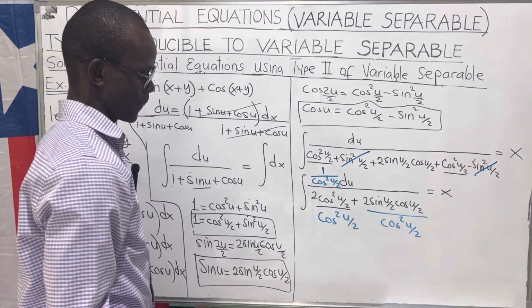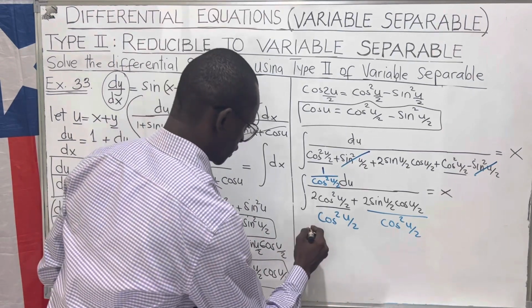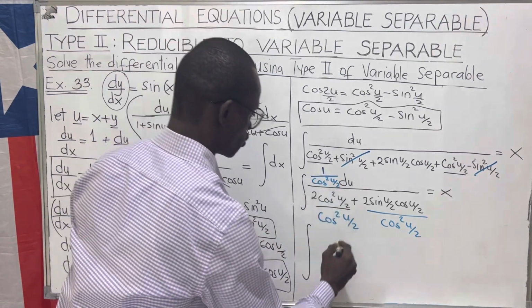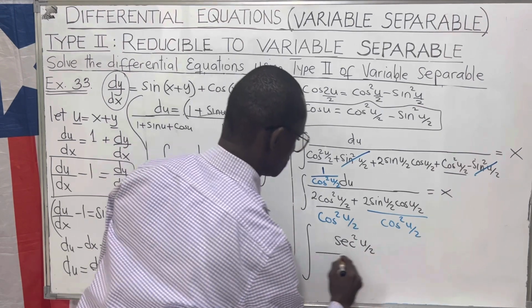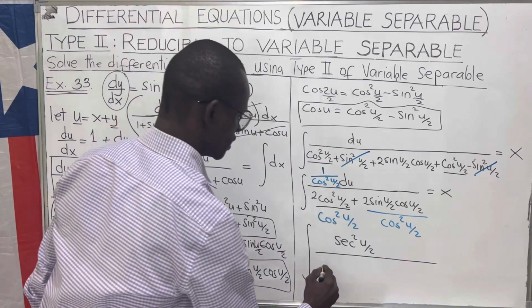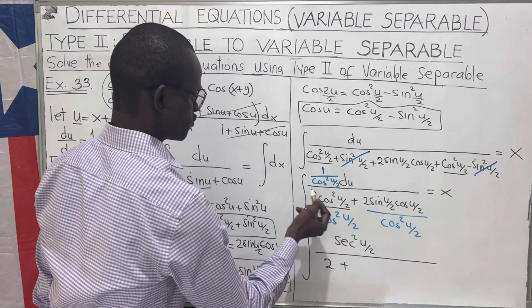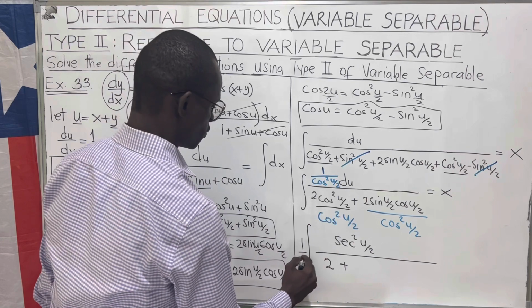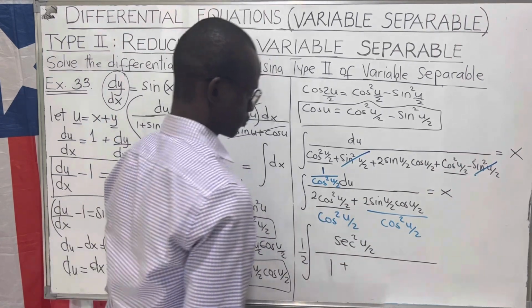So this can result to the integral of secant square u over 2 divided by 2, plus, or we can factor out 2 from here, and so it will just be 1 over 2. The 2 and 2 we just factor out, so this will just be 1.